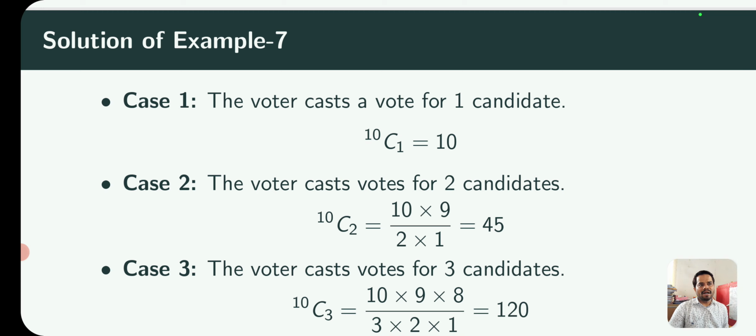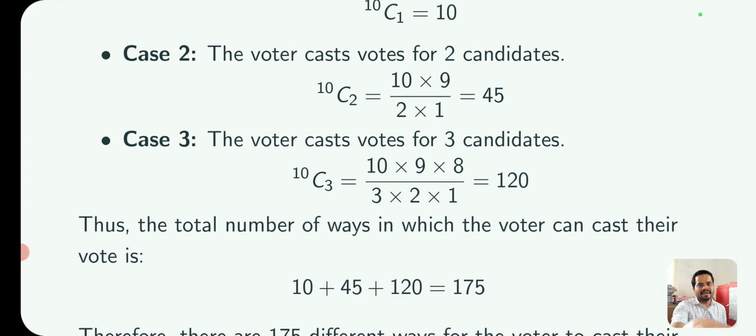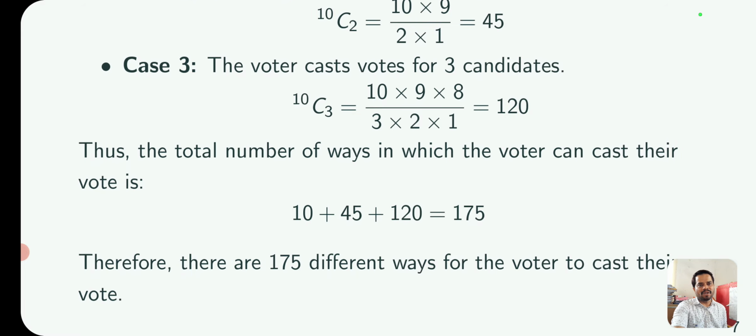Thus the total number of ways is 10 plus 45 plus 120, so there are 175 different ways for the voter to cast their vote. So here we solved two examples on the concept of combination.